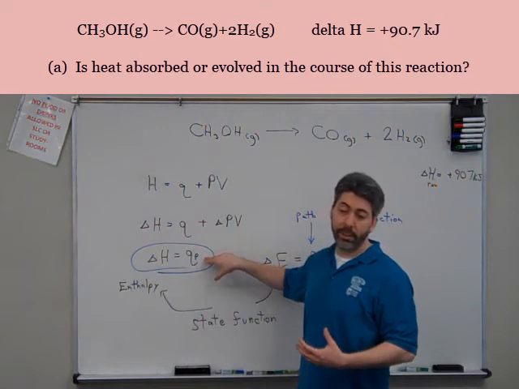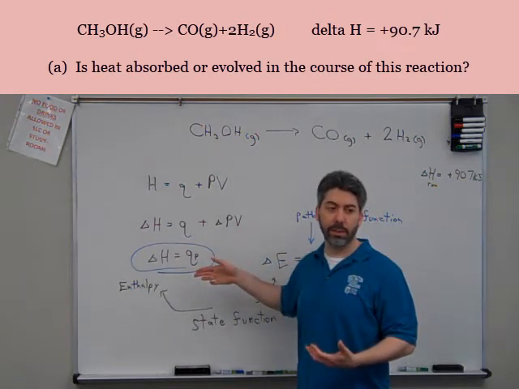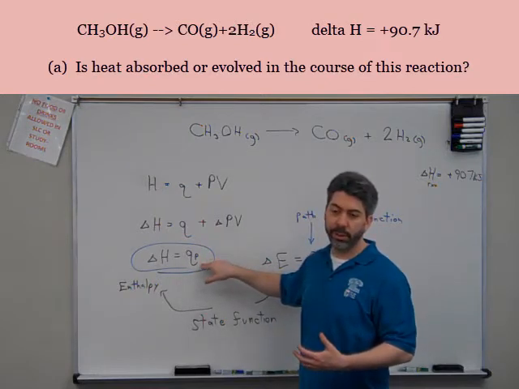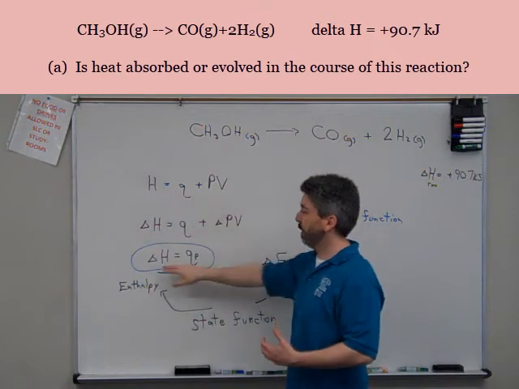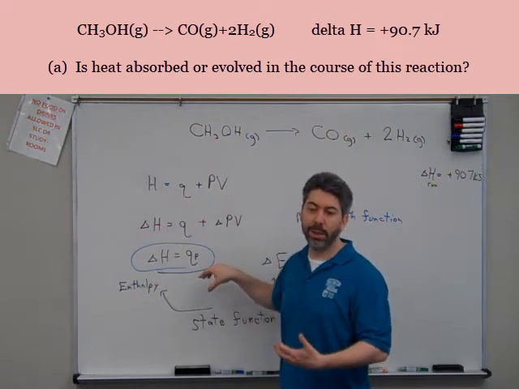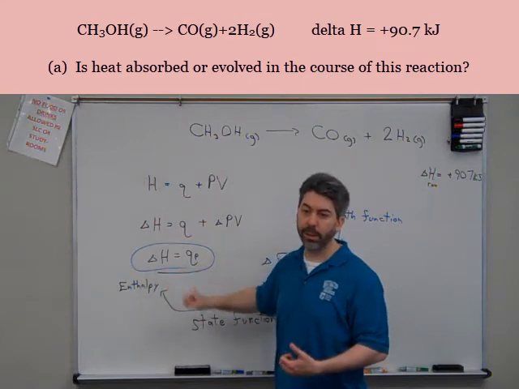But if it's a constant pressure, then they're the same thing. Does that make sense? By using a constant pressure system, we simplify this into this, and it makes it a lot easier for us to measure and calculate delta H.